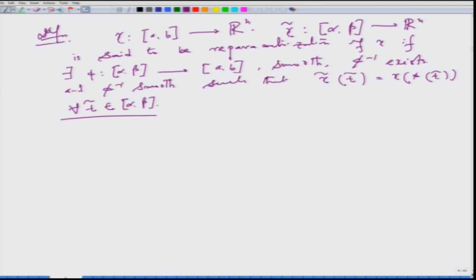So, what I have done? Let us see with the example of a circle. I have gamma(t) equal to (cos t, sin t), t in, let us say, minus pi to pi, that will give us a circle.